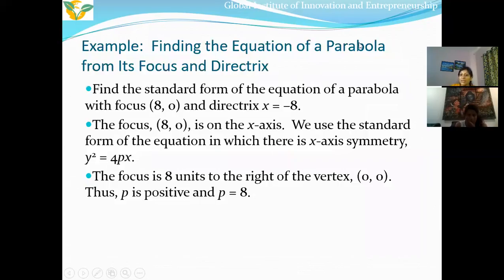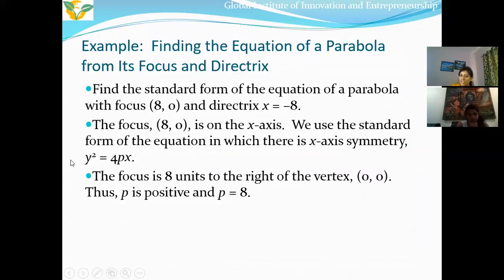Next, find the equation of the parabola from its focus and directrix. Finding the standard form of the equation of the parabola, with the focus already given, the directrix is also already given. Now when the x value is given and the point lies on the x-axis and the y coordinate is 0, the parabola is definitely a right-handed parabola.